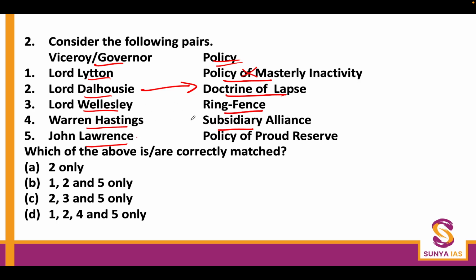It was proud reserve which was Lord Lytton's idea. Okay, so the first and the fifth are both wrong, and by negation itself you can get the answer A. Only A is correct. Otherwise, Lord Wellesley was someone who implemented subsidiary alliance, and Warren Hastings was someone who implemented the ring fence theory. Okay. Let's move forward.